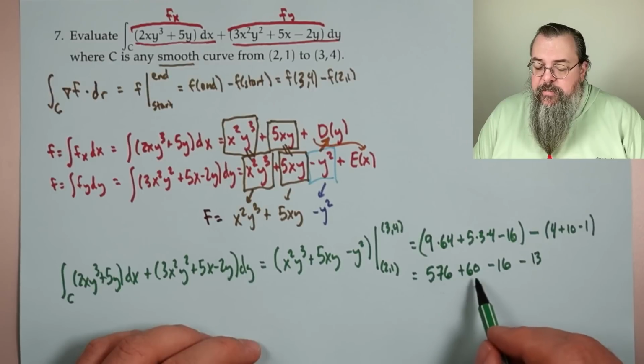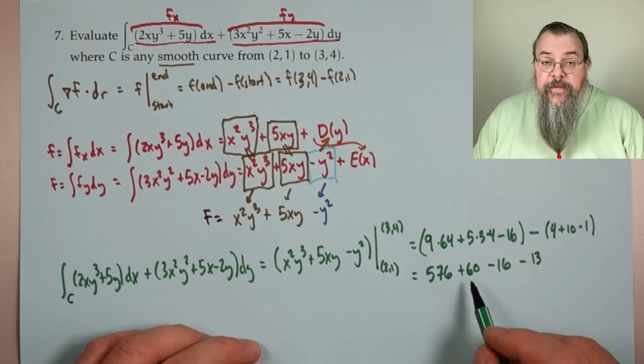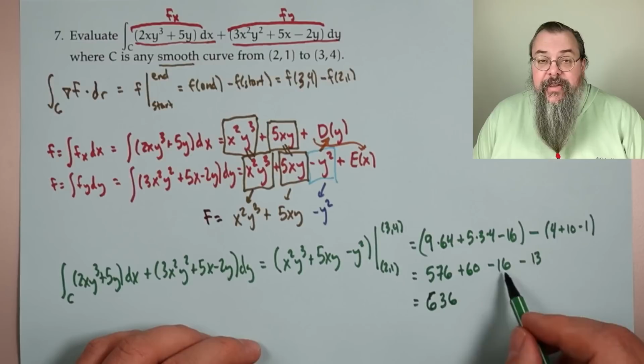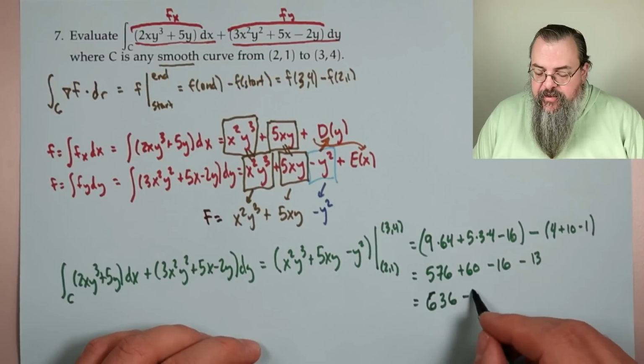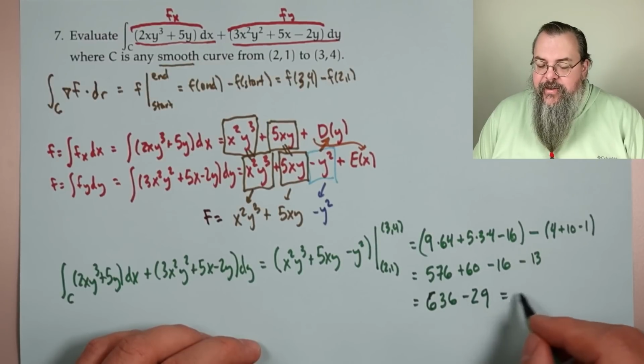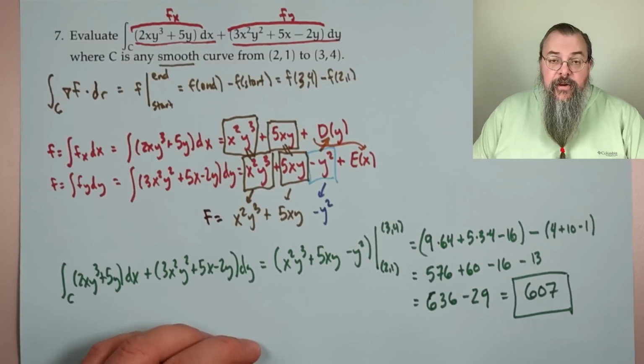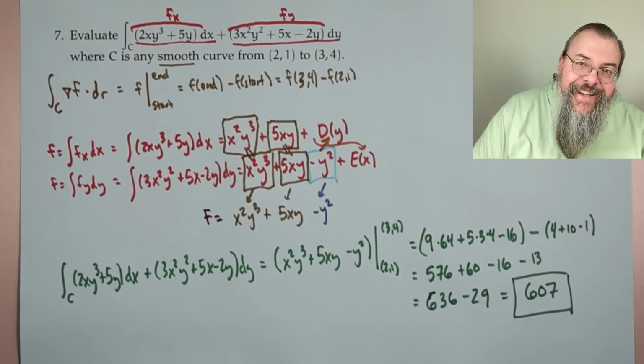So 576 plus 60, that would make 636. Got to roll over. 16 and 13 makes 29. So 636 subtract 29, giving us a grand total of 607. Whew! Okay, we made it.